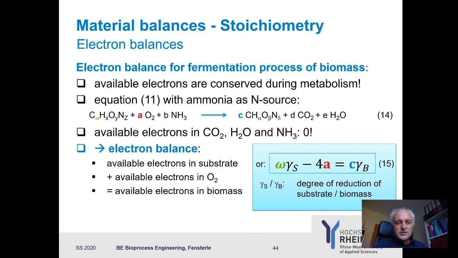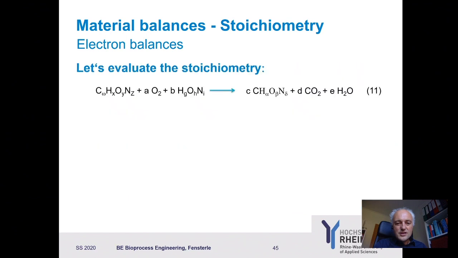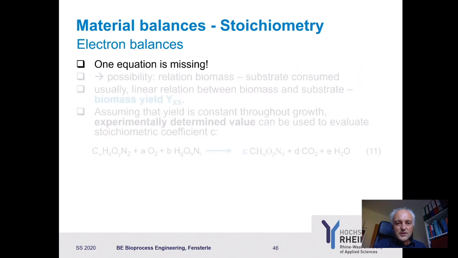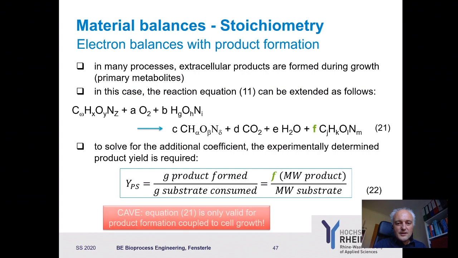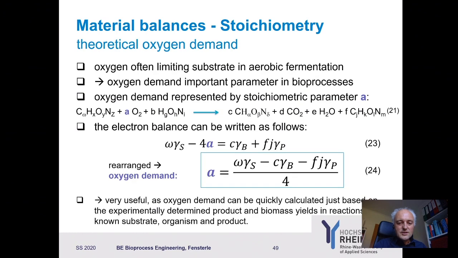So our oxygen demand is here. Here's our oxygen demand. That's at the end what is asked. So we have an equation with growth. Of course, we have no product formed in this case. So our oxygen demand is in this equation without the growth.